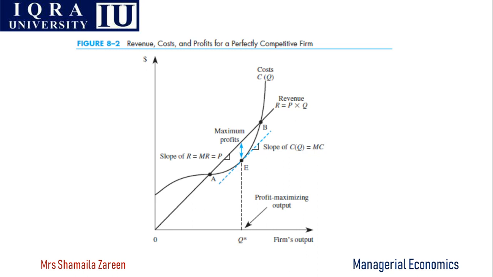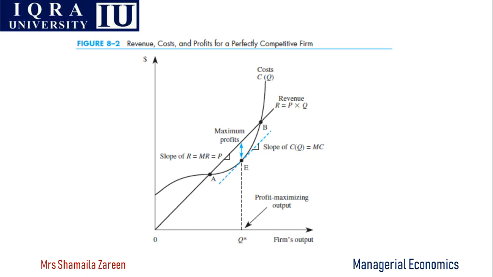There is a very important geometric property at the profit maximizing level of output, as we see in figure 8.2. The slope of the cost curve at the profit maximizing level of output, point E, exactly equals the slope of the revenue line.